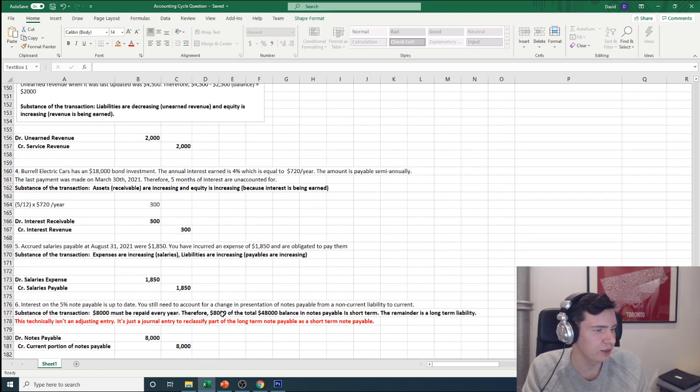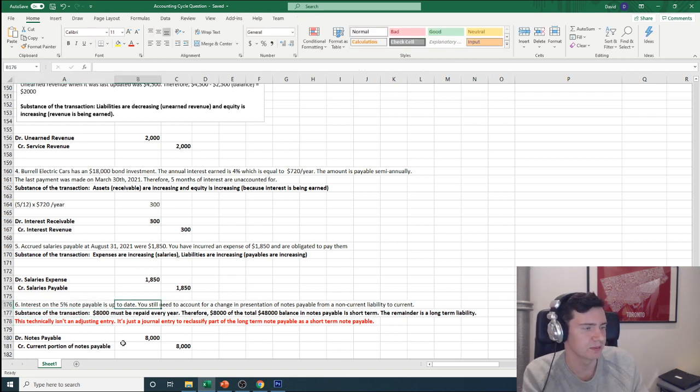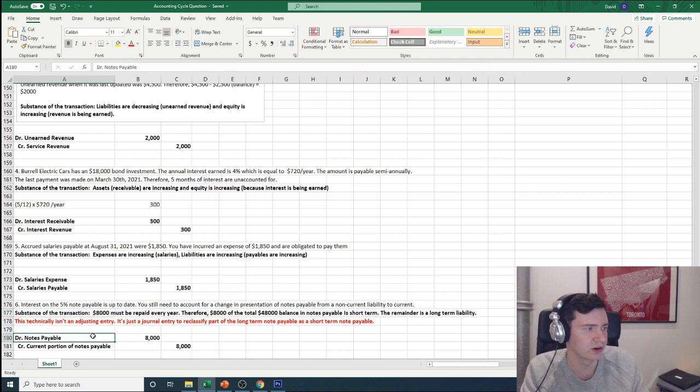So the $8,000, so let's see, the interest on the 5% note payable is up to date. However, you still need to account for a change in the presentation of notes payable from a non-current liability to a current. So in this case, all we're doing is we're converting the long-term portion to the current portion of notes payable.